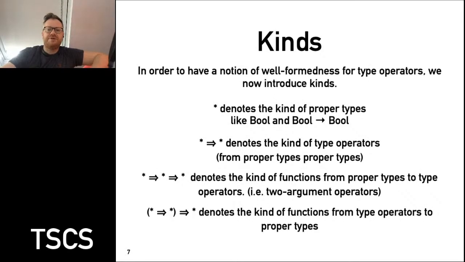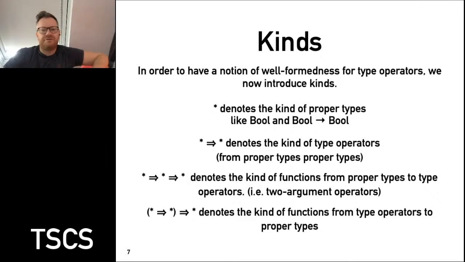Okay, let's talk about kinds. We need well-formedness for type operators, because sometimes you cannot use type operators in the same way for the same types. The way to do that is to introduce kinds, which are a kind of type of a type operator.